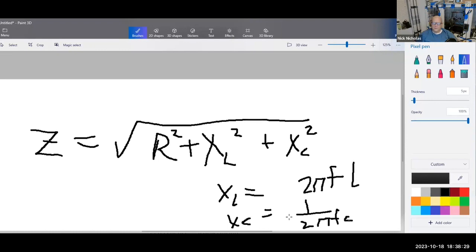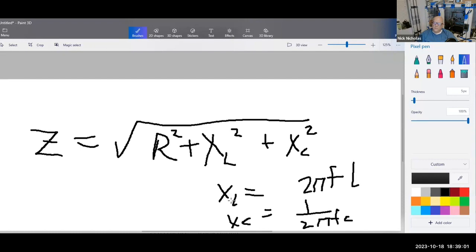When you calculate this out, you get X sub L is going to be a value in ohms, but it's ohms of inductive reactance, and X sub C is going to be in ohms, and it's ohms of capacitive reactance.